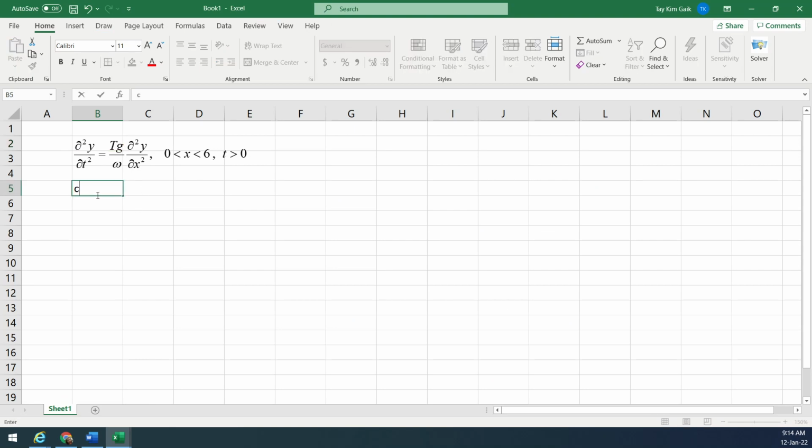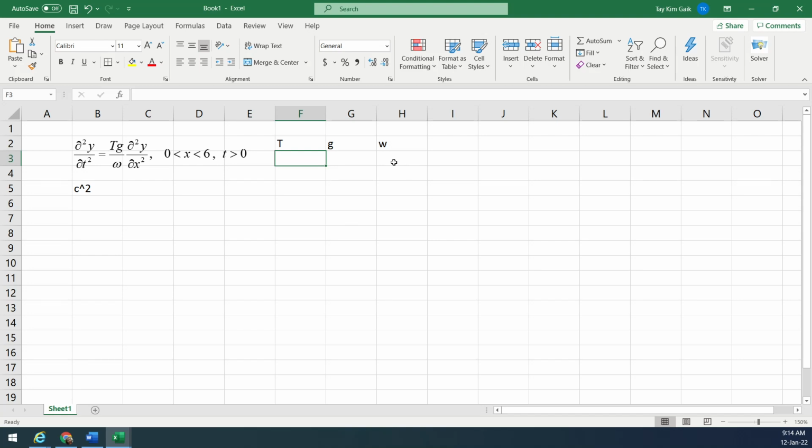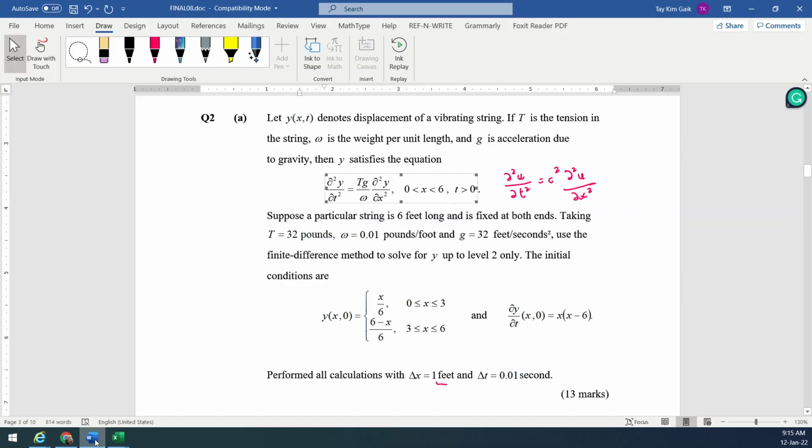Your c squared in this case is T g over omega, which I put as w. T is 32 pounds, g is also 32, and w, omega, is 0.01.